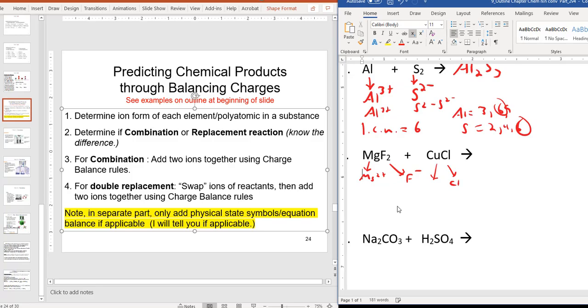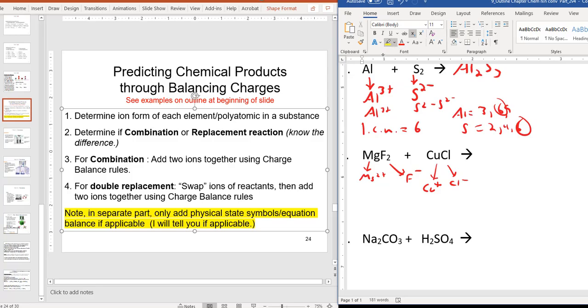Here we have chloride, and drawing upon the previous chapter's work, you have to figure out what the charge is on that ion. The total positive and negative should equal 0, and there's one of each. If there's one negative, then you're going to need one positive, so it should be copper plus. Now we're going to need to go ahead and swap them.